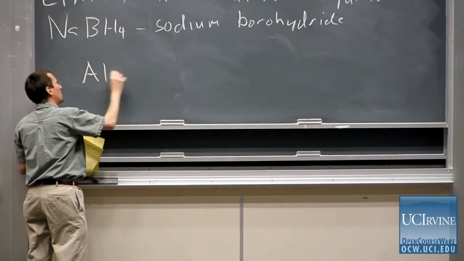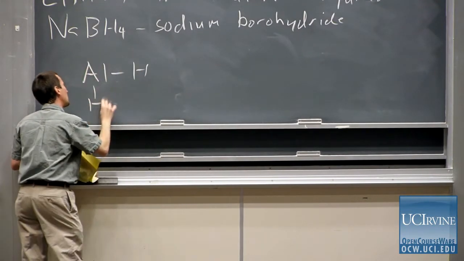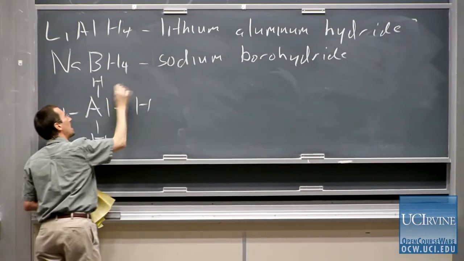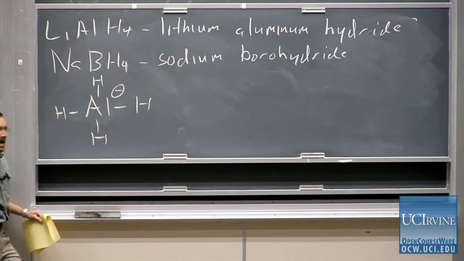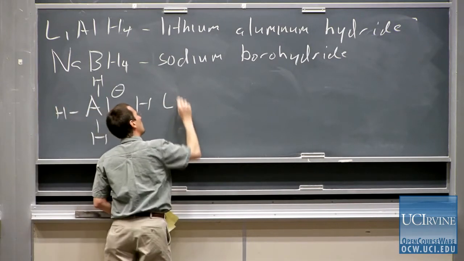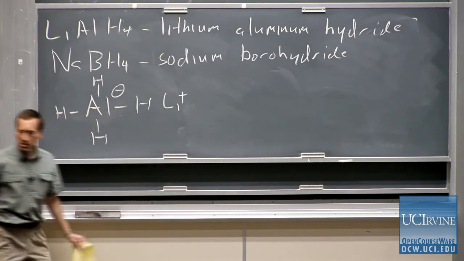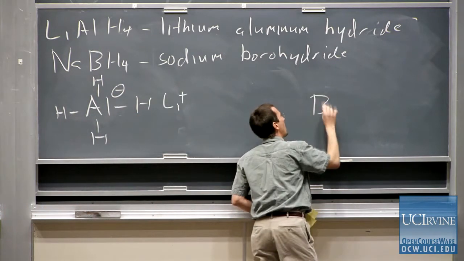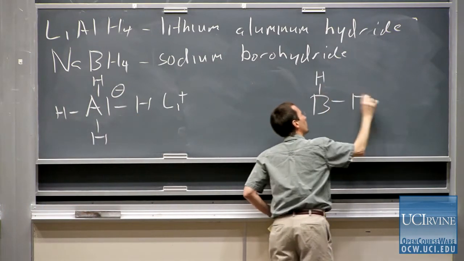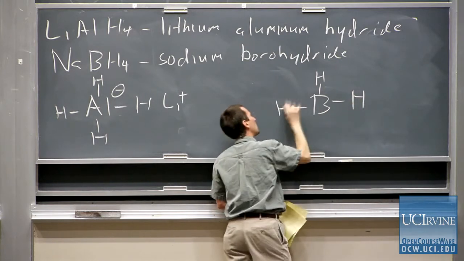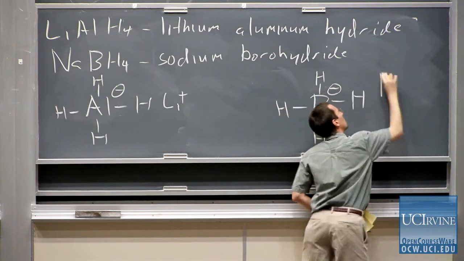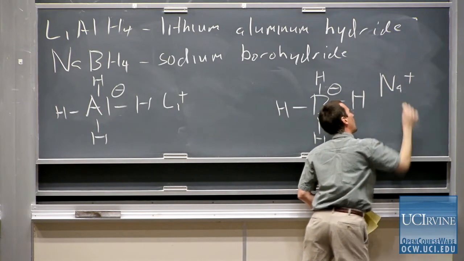The structure of lithium aluminum hydride is an aluminum tetrahydride anion and a lithium cation. The structure of sodium borohydride is a borohydride anion, BH4 minus, just like the other is AlH4 minus, and a sodium cation.